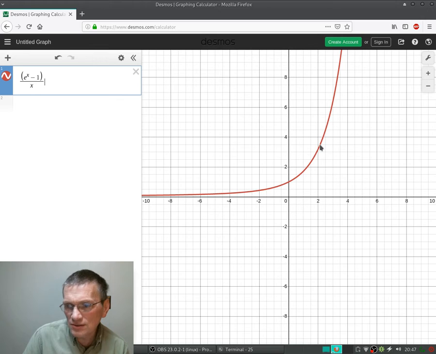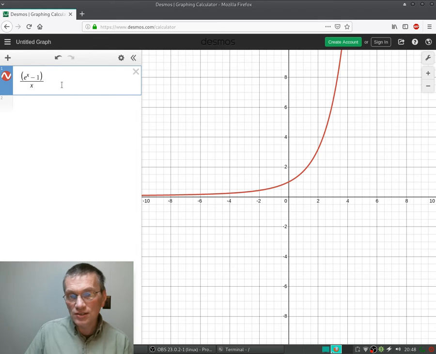And here's that function. It looks a lot like e to the x. And if you come along here, as it gets closer and closer to 0, this value gets closer and closer to 1. And notice as it gets to 0, it's undefined. So indeed there is a hole right there where our value should be. And as you come from the other direction, it's also getting very close to 1, but from the other direction. So you can look at it graphically and see that that does equal 1.